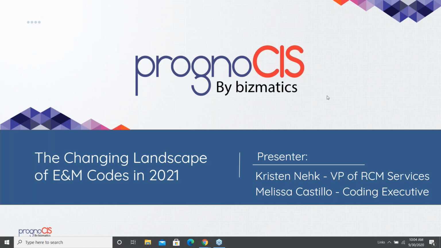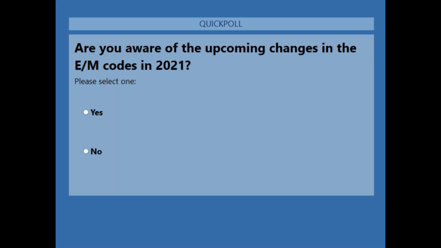So let's begin, and I begin with the very first poll. The question is, are you aware of the upcoming changes in the E&M codes in 2021? I will keep it open for some time for you to answer.